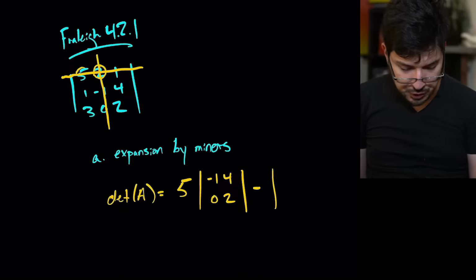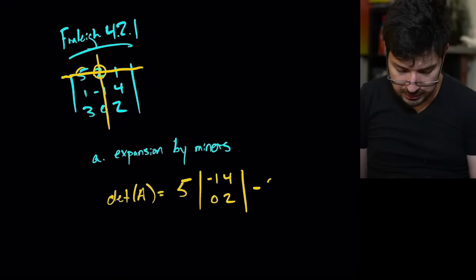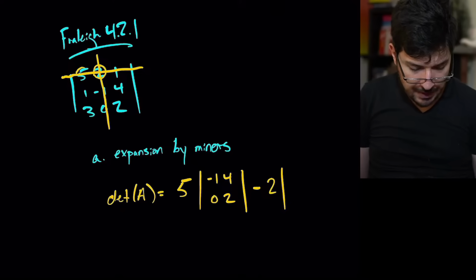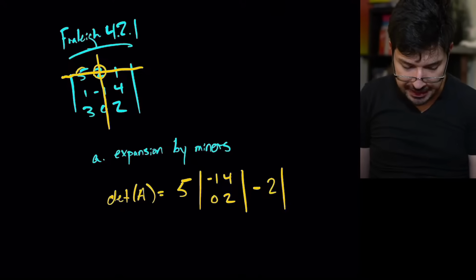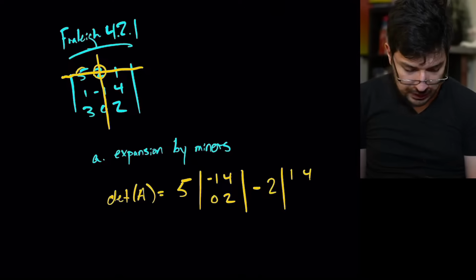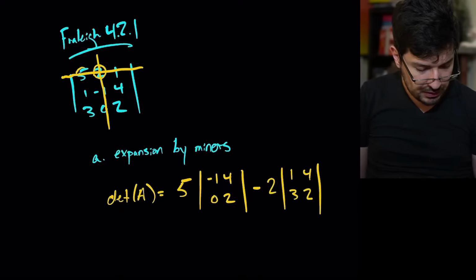So we subtract 2, which is that cofactor that I circled, times the determinant of the remaining numbers, 1, 4, 3, 2. Okay. Now let's erase. Oh wait, I keep erasing the wrong one.